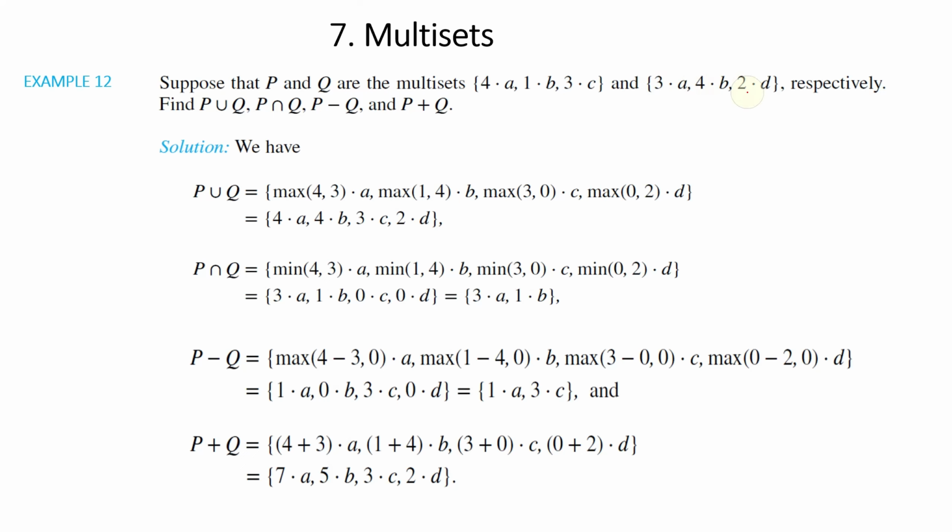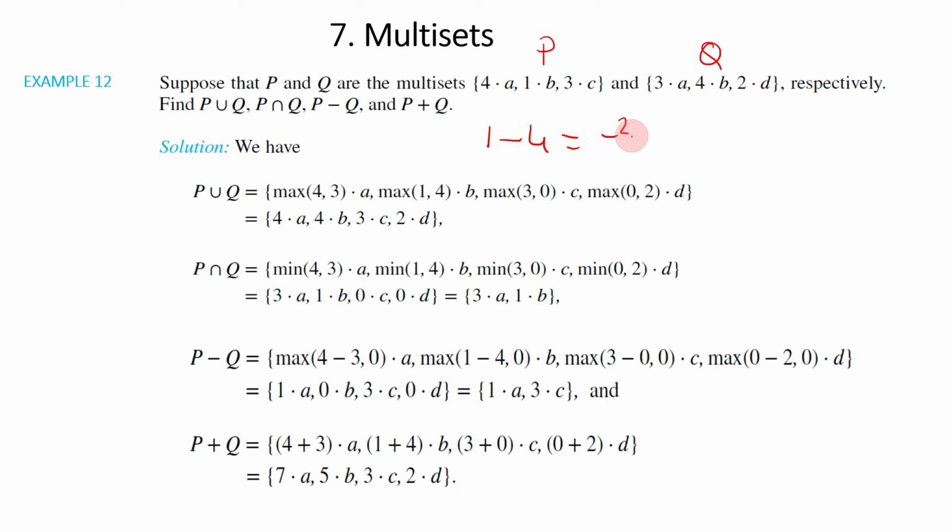How many am I going to exclude? I have 1 B in P, but in Q I have 4 B's. So if I exclude everything that Q has from P, that means I have to remove the B's. That means I'm going to have 1 minus 4.